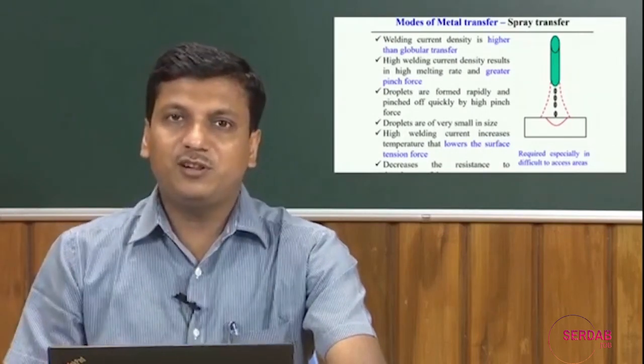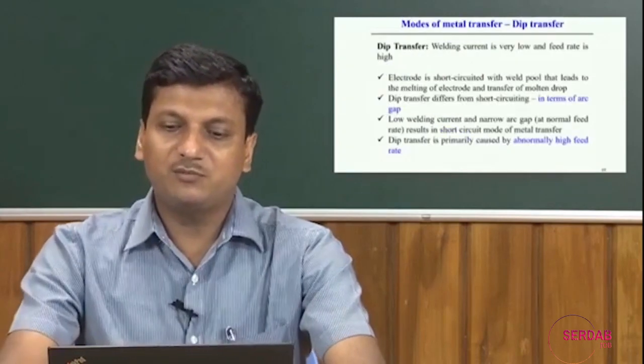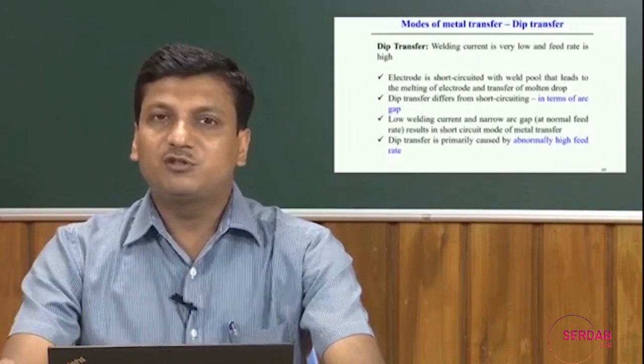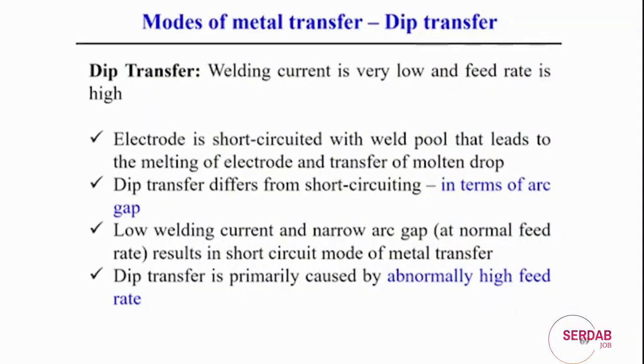So, apart from these three types of droplet transfer, there is another mode of metal transfer we generally observe in the welding process, that is called the dip transfer. Dip transfer is almost similar to the short circuit metal transfer. Here also the welding current is very low and the feed rate is very high.